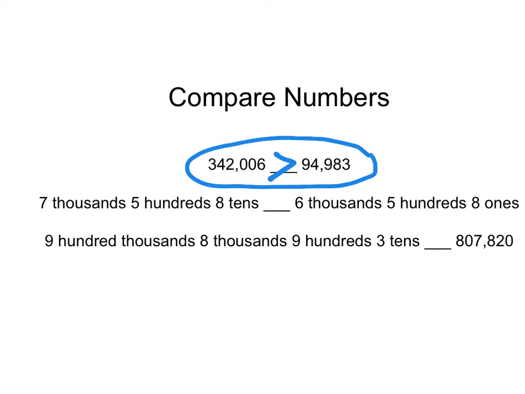All right, we're going to look at the next one. This is one where sometimes it's helpful to write it out as you say it, but we'll first of all read what it says. 7 thousands, 5 hundreds, 8 tens, and that's being compared to 6 thousands, 5 hundreds, 8 ones. What I want you to do is on your board, write what those are in standard form.